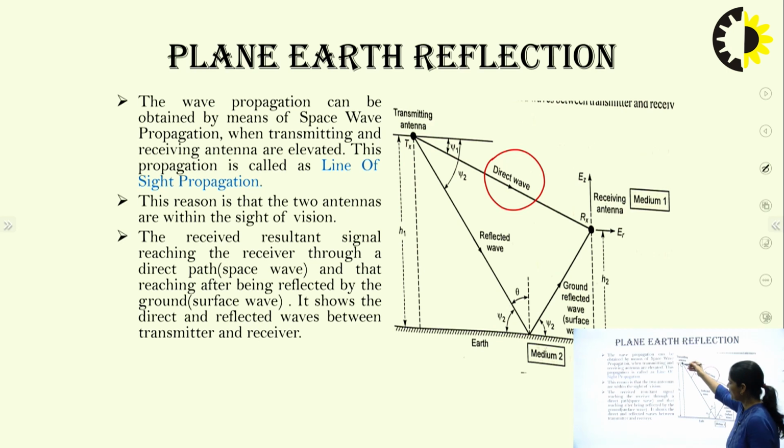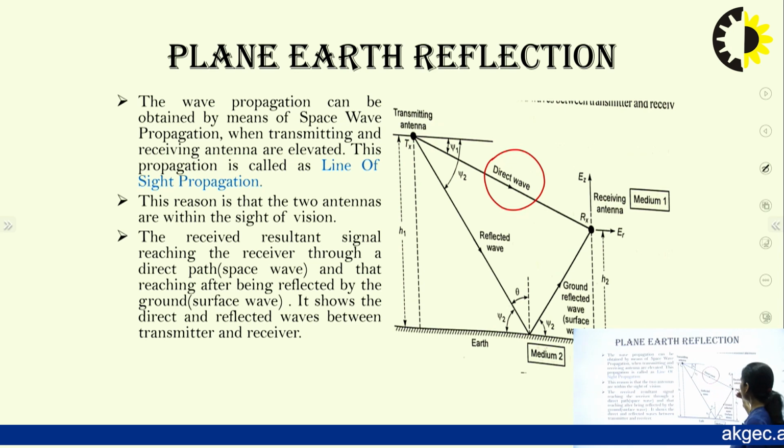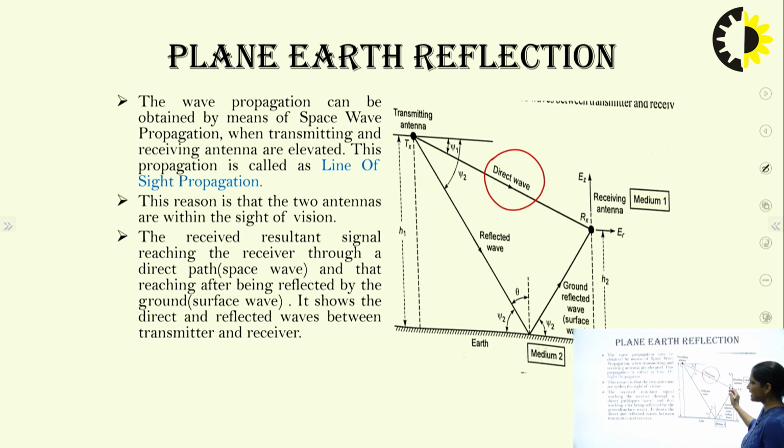Now, when you are sending a wave from the transmitting antenna to the receiving antenna, you may have another medium, let it be medium 2, or you can say this is your earth. First is the direct wave and the second is the indirect wave, which is reflected from this point and then reaches the receiving antenna. So, this is known as reflected wave, or you can say here the ground reflected wave or surface wave.